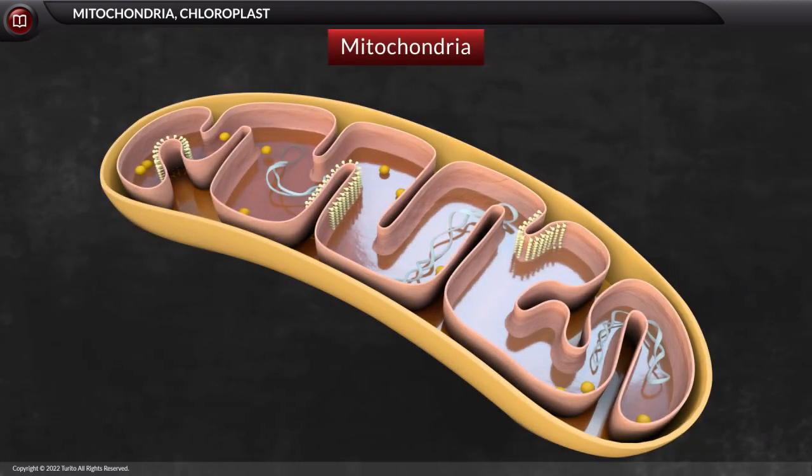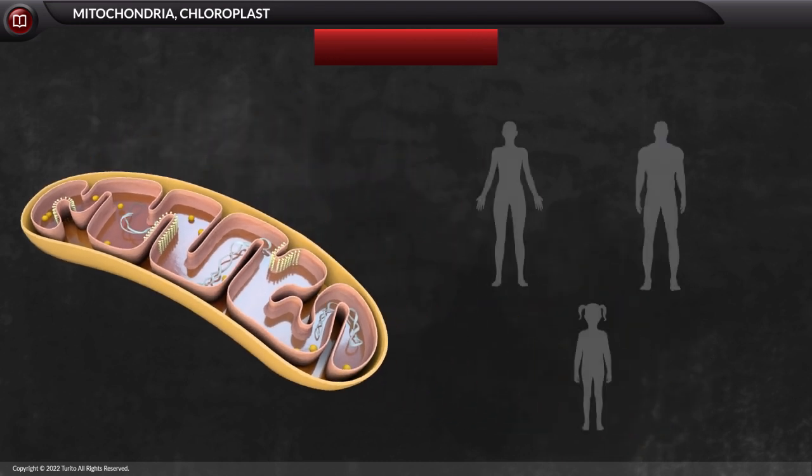Before concluding mitochondria, let us understand an important concept called maternal inheritance. The genetic material of mitochondria can be inherited from a parent to the offspring, but always from the female parent only. This makes the mitochondrial DNA maternally inherited DNA, and the type of inheritance is called maternal inheritance.